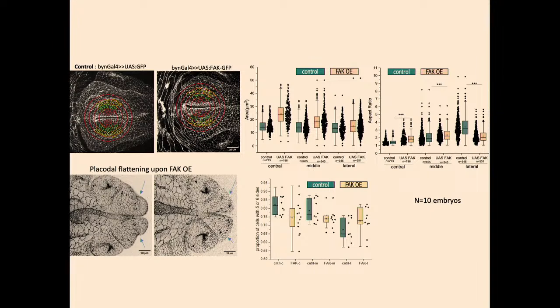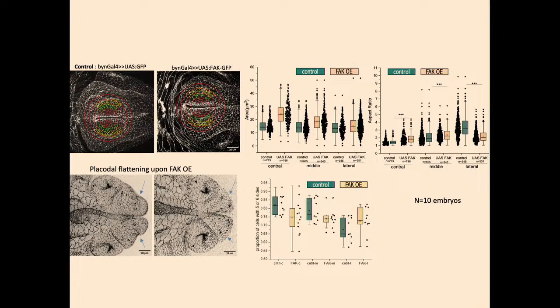So in a way, what this is doing is homogenizing the population so that the three zones are no longer markedly different from each other. What it does do is make these central cells much larger than they used to be in control.